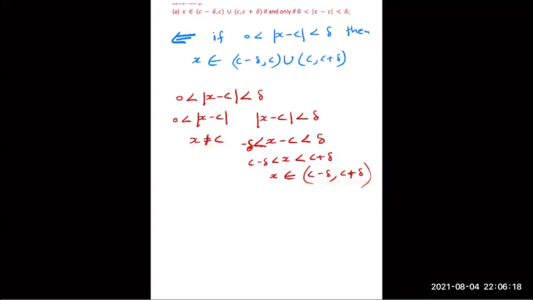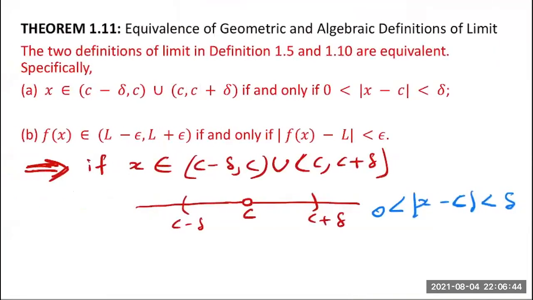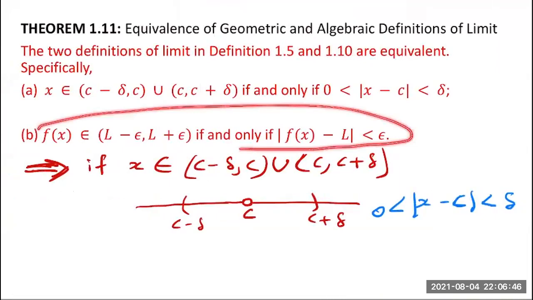These statements together tell you that x has to be in this punctured neighborhood, (c minus delta, c) union (c, c plus delta). So we get the other direction. If this is true, this has to be true. They are equal. I will leave the other part as an exercise. Please prove this one.